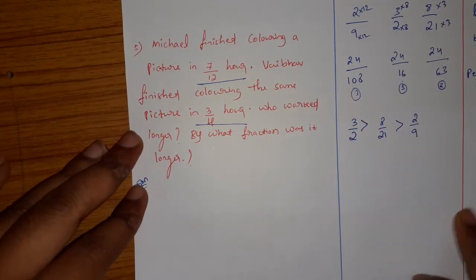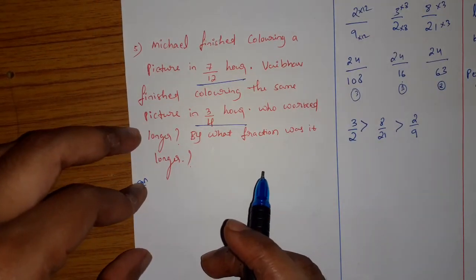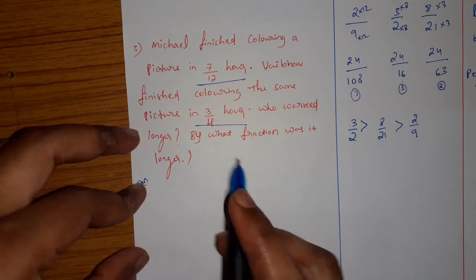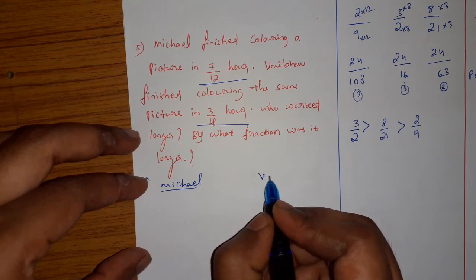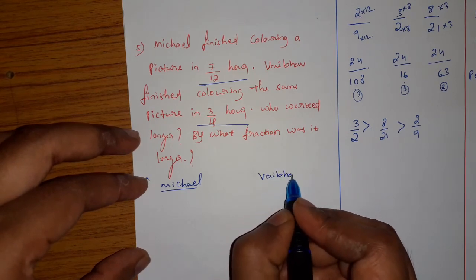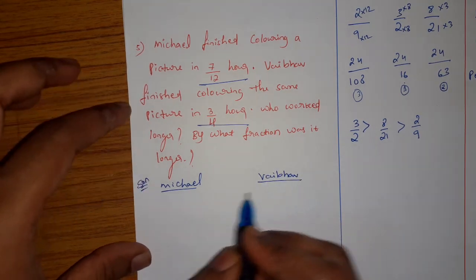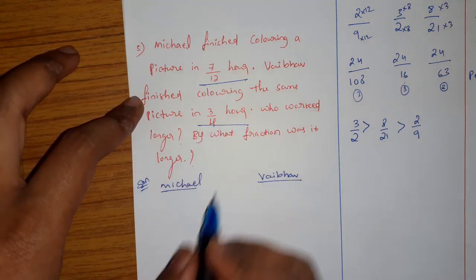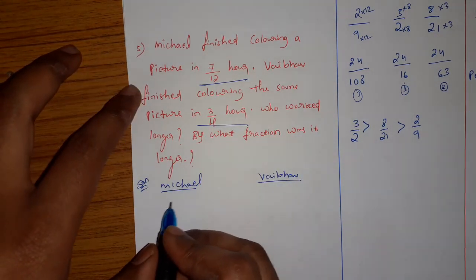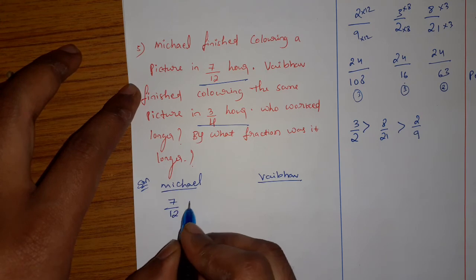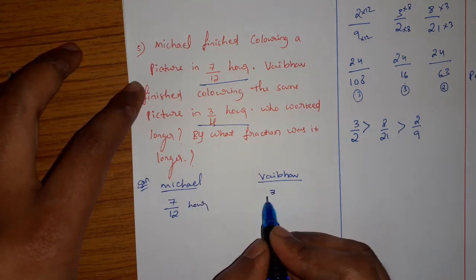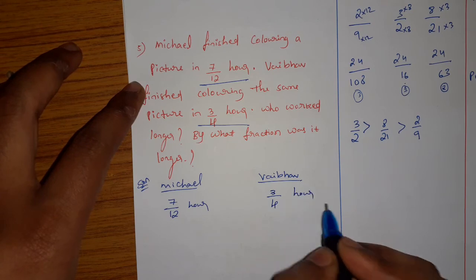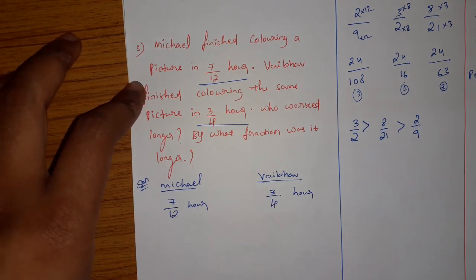Okay, let's make two columns: Michael and Vaibhav. Michael took 7 by 12 hour, and Vaibhav took 3 by 4 hour. Can you compare these two directly?